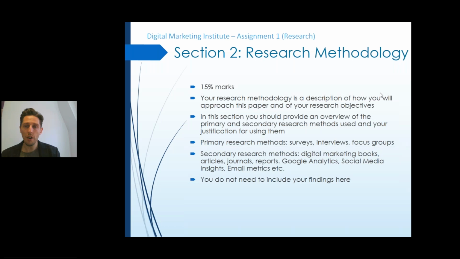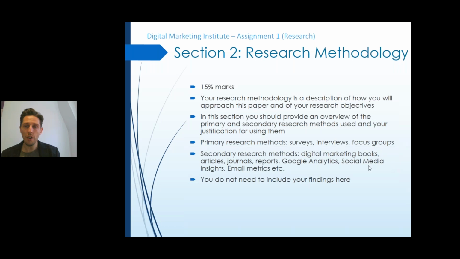There is primary research that's mandatory for this assignment, assignment 1. It has to be undertaken, and it can take the form of surveys, interviews, or focus groups. So you must complete at least one method of primary research. I'm going to go into a bit more information about some of the requirements for that on the next slide. You also must complete secondary research as well.